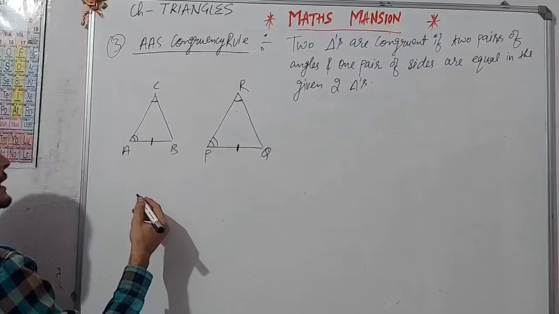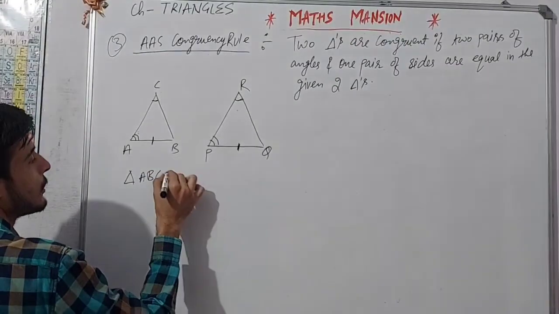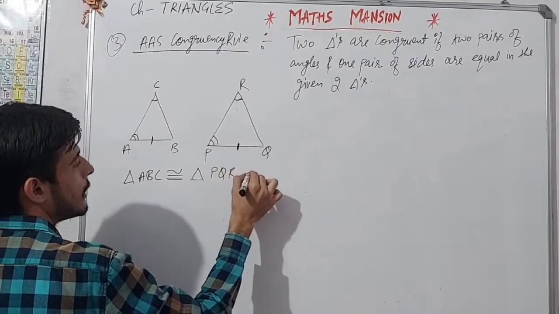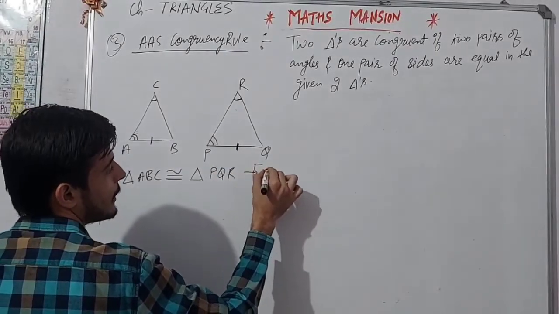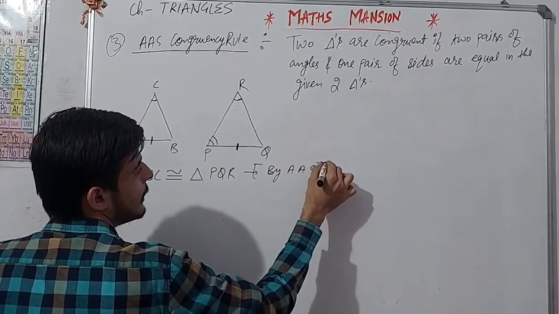Then only we can say that triangle ABC is congruent to triangle PQR by angle angle side rule.